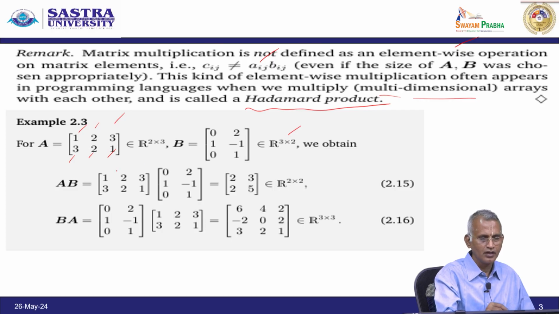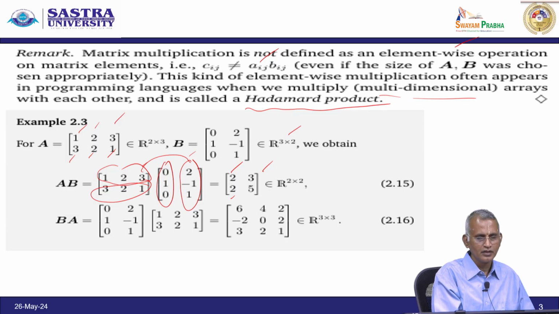Written like this, A and B. First row into first column you multiply, and you get the value of 2. This into this you multiply, you get the value of 3. Second row into first column you multiply, you get the value of 2, and second row multiplied with the second column you have 5.